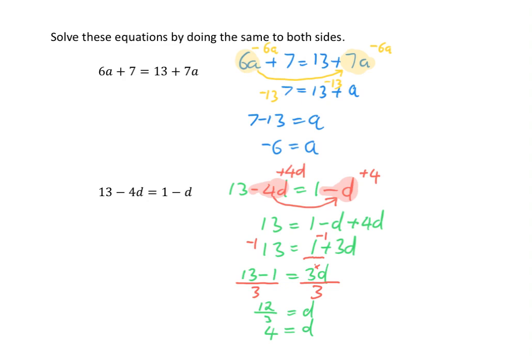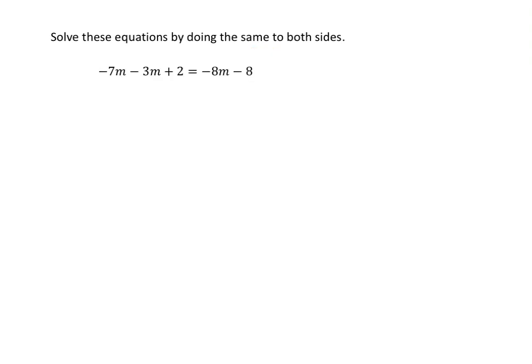Let's have a look at another example where I have unknown variables on both sides of my equation. In this example, my equation is negative 7m minus 3m plus 2 is equal to negative 8m minus 8.